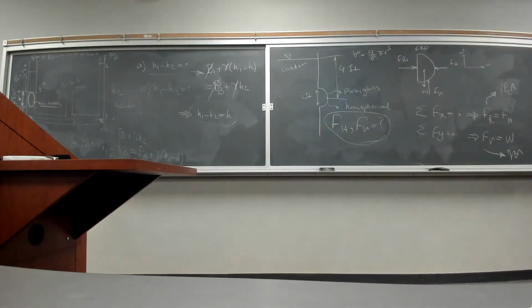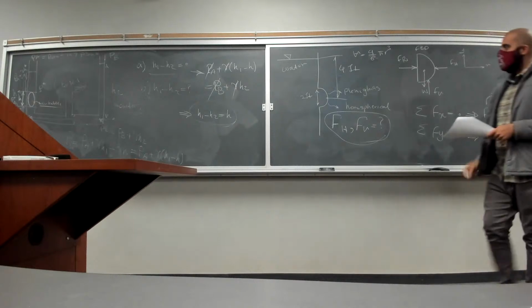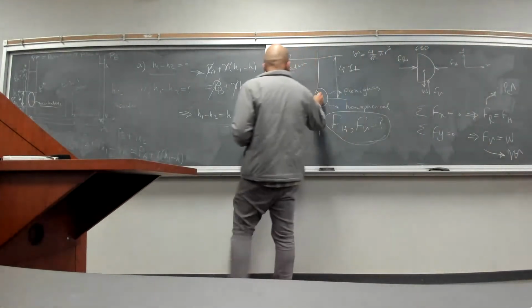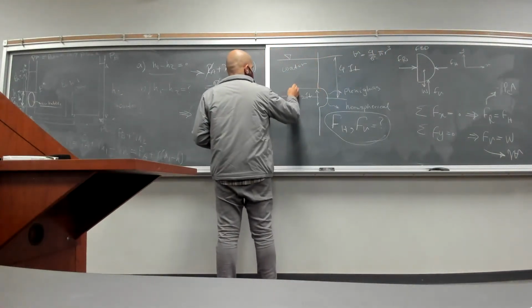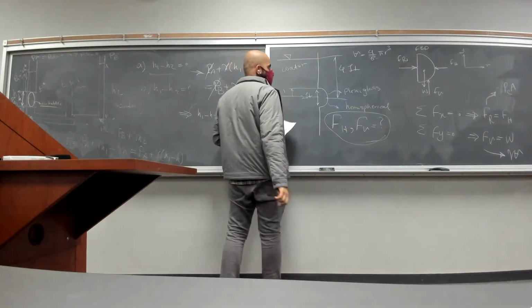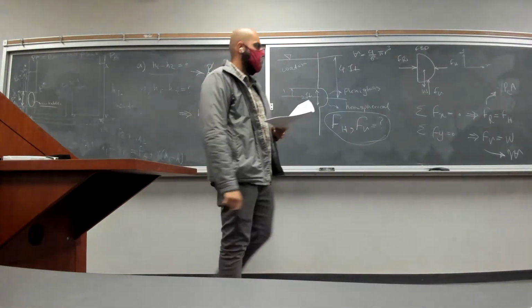We have the radius, which is 1 foot. The diameter is 2 feet, so the radius is going to be 1 foot. Plug the numbers in, and you should be good to go.